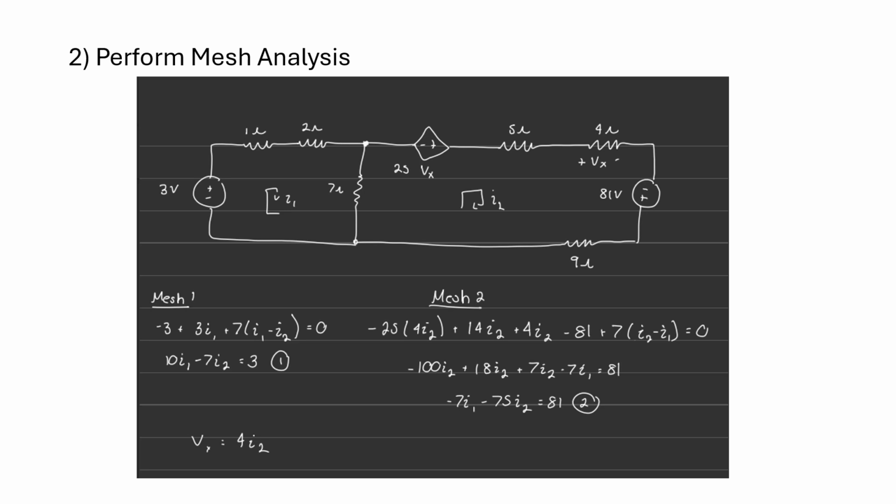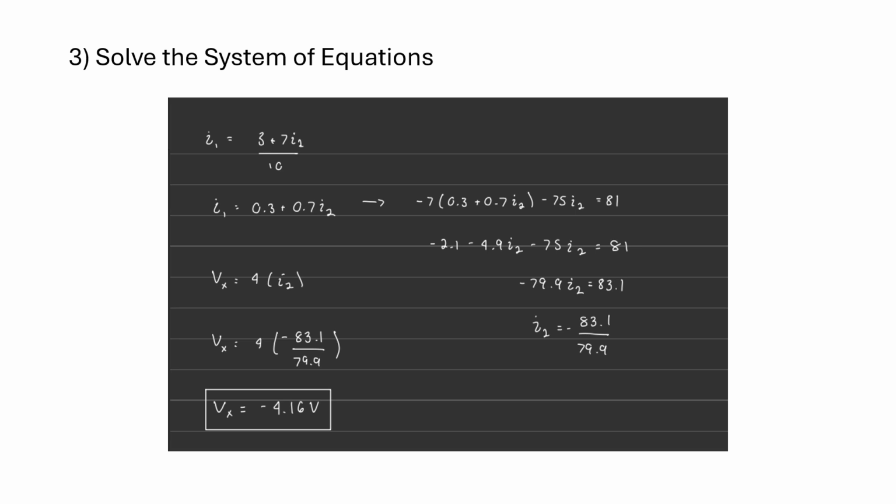Then we get 14I2, which is the combination of the 5 ohm resistor and the 9 ohm resistor, plus 4I2, which is the 4 ohm resistor, minus 81 from the voltage source, and again 7(I2 minus I1), which is the same as the one on the left, but I2 is in front because we're now analyzing the right mesh, equals 0. Once we simplify this, we get our second equation of minus 7I1 plus 75I2 equals 81.